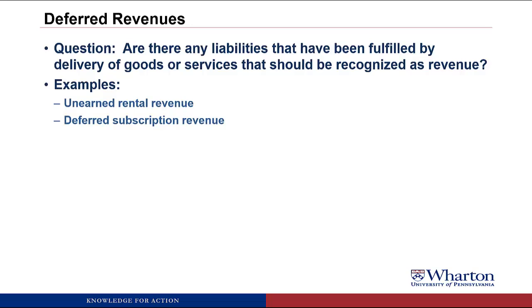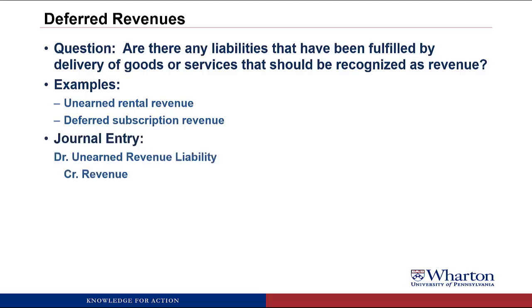What's happened in this case is we've received cash prior to providing goods or services. Now that time has gone by and we've earned the revenue, the adjusting journal entry will say credit revenue to recognize the revenue that we've earned over time, and debit the unearned revenue liability to reduce the obligation because we fulfilled part of the obligation by delivering the goods or services over the time period.